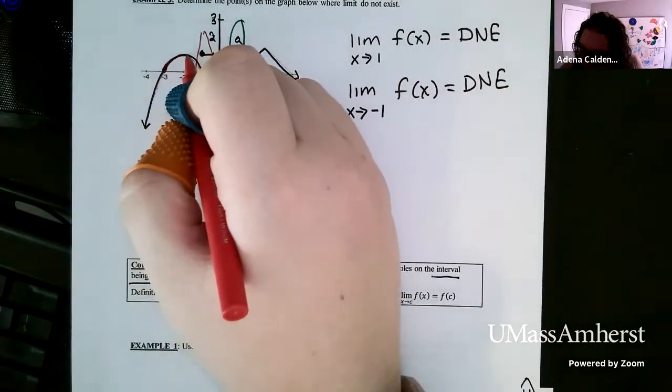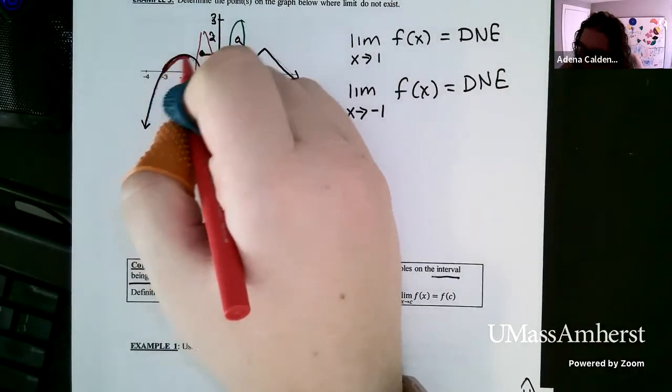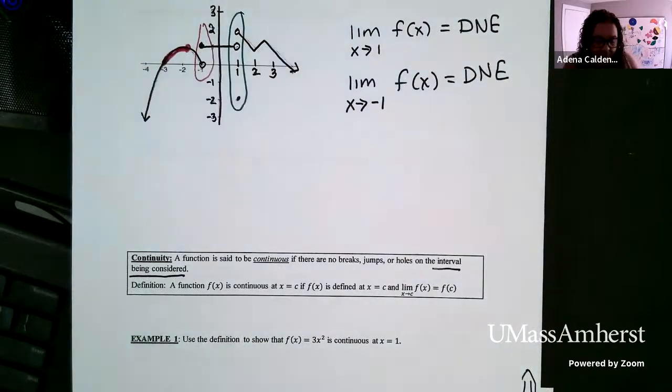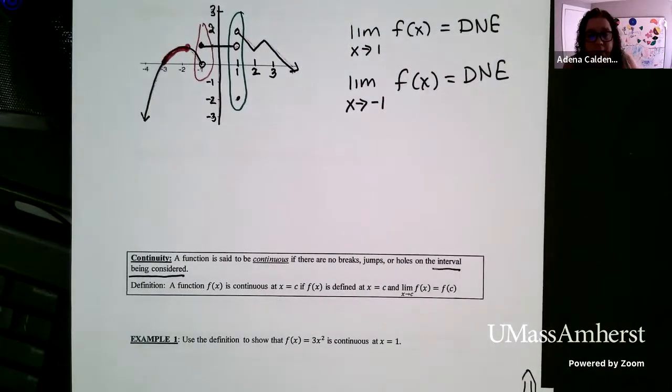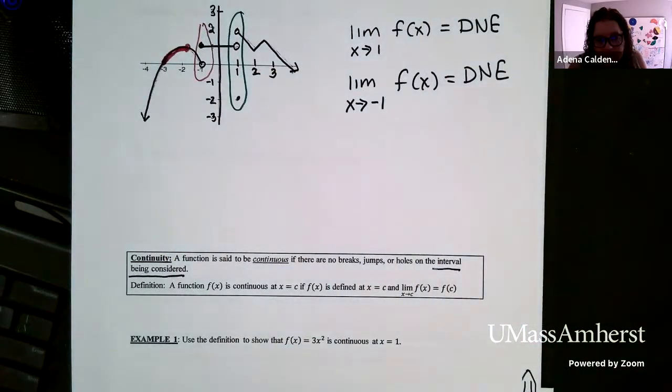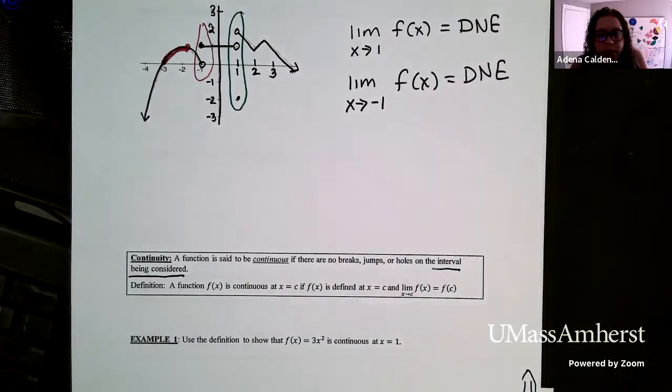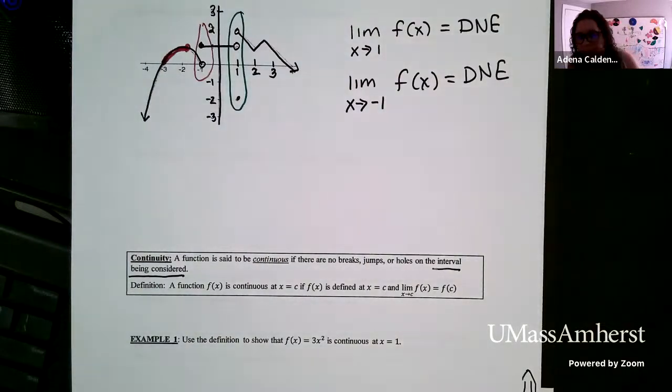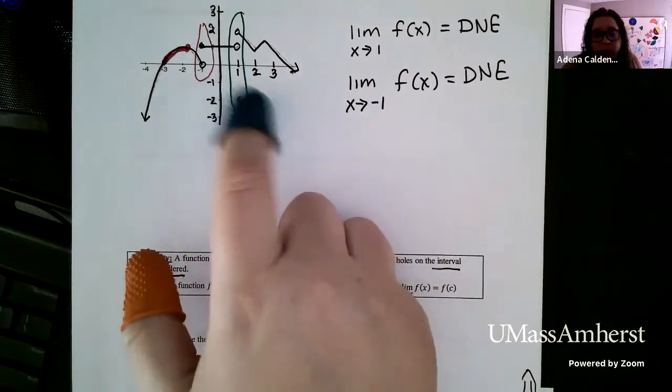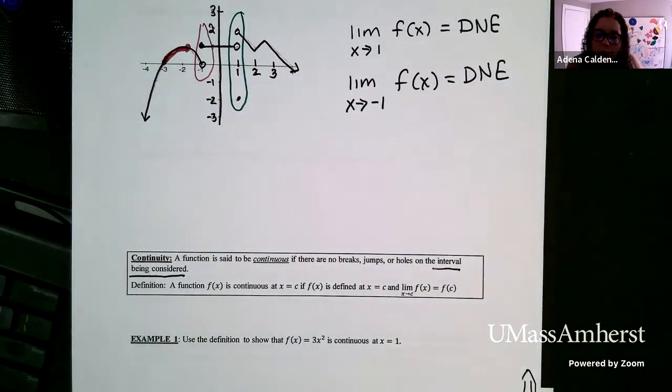So if you are given an interval to consider, make sure that you are just looking at that interval, because I could give you this whole picture and ask you, is this function continuous between -2 and 3? And the answer is yes, right? But if you just look at it quickly and think that we're talking about the entire picture, then you would say no because of these. So make sure that you know where you are looking when you're talking about the continuity, okay?